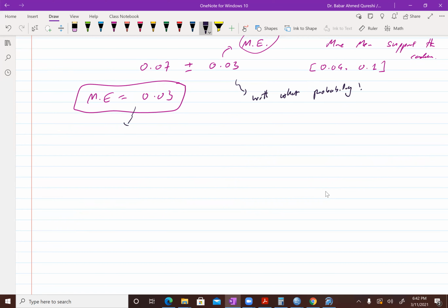So they get this data and they find out that we have been making decisions based on this margin of error. And they want to know what is the probability, what is the confidence level of this margin of error or this interval. So that you can do by using this formula. So this is our formula of the difference, margin of error for the difference of two proportions.